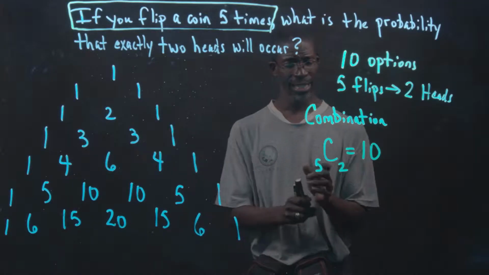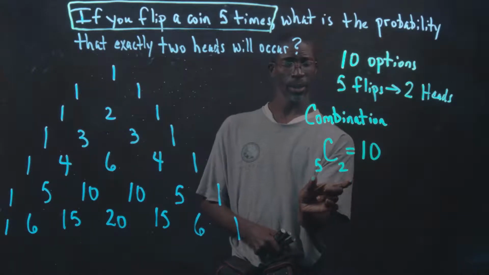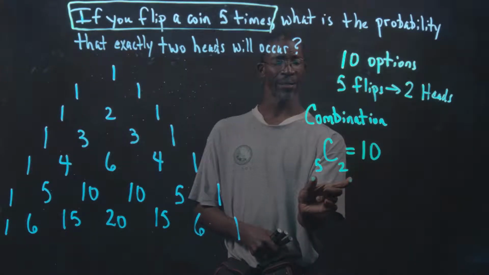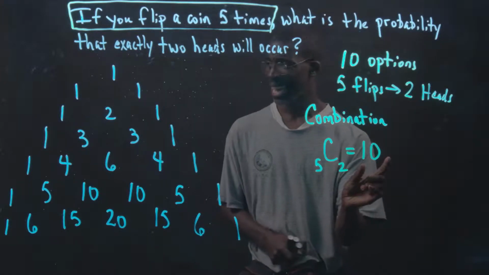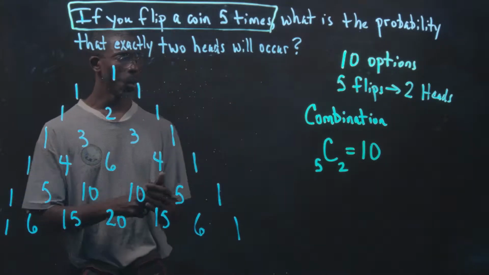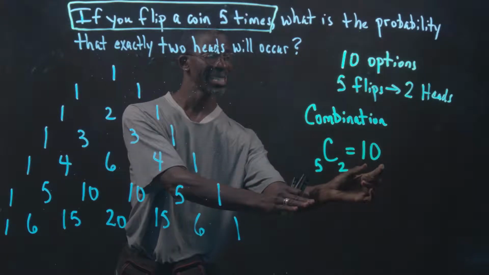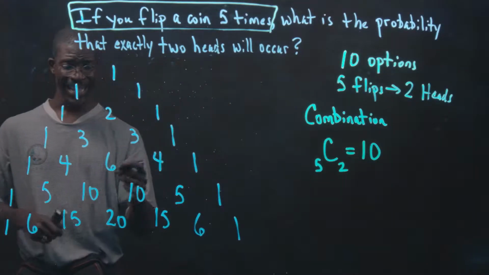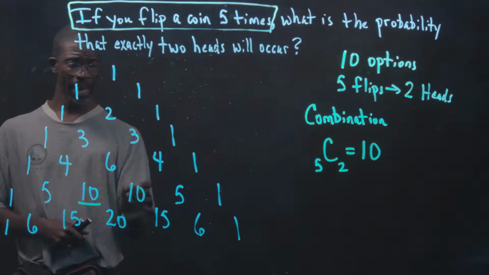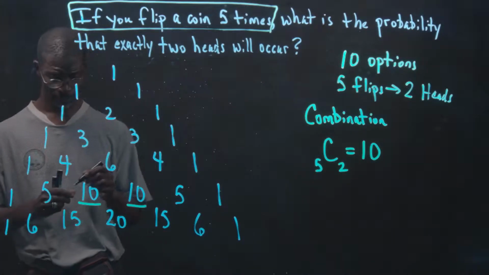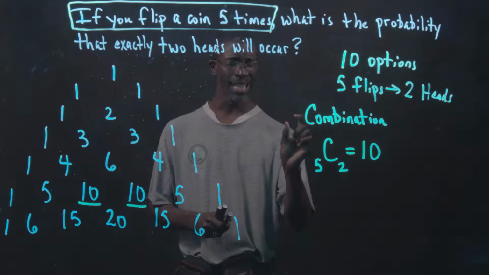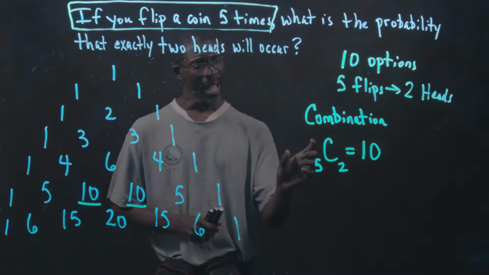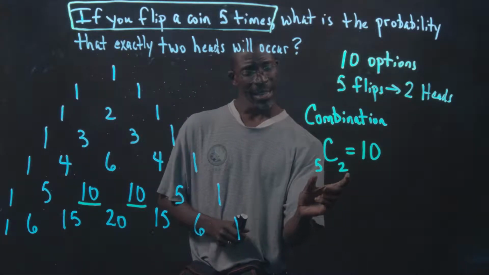What is the relationship between this representation, 5C2, and 10 in Pascal's triangle? Well, if we look for a 10 in Pascal's triangle, we see a 10 is here, and there's another 10 here. That's specifically important. Now, what about the left side of this equal sign?